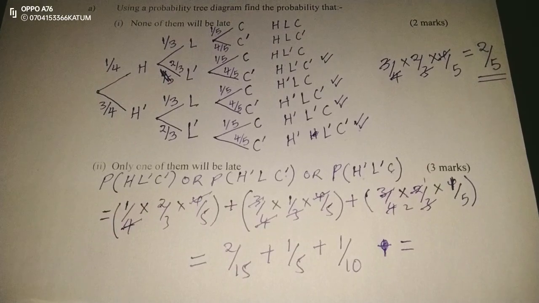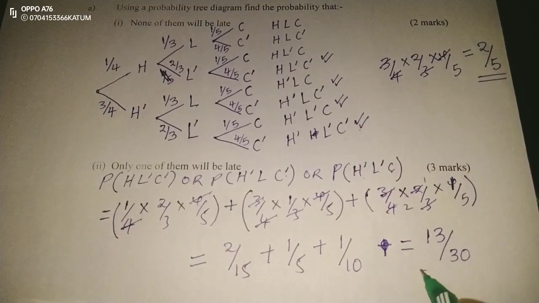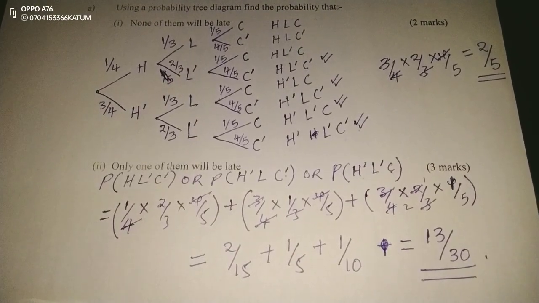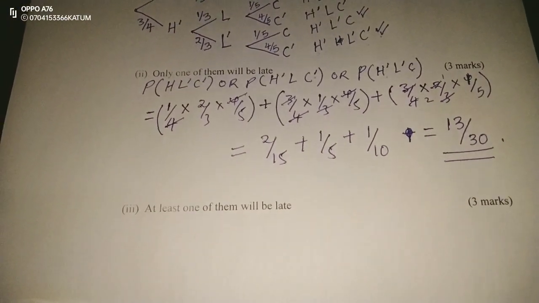Going to be 2 out of 15 plus 1 out of 5 plus 1 out of 10. This is going to be 13 out of 30. So that is the probability that only one of them is going to be late.